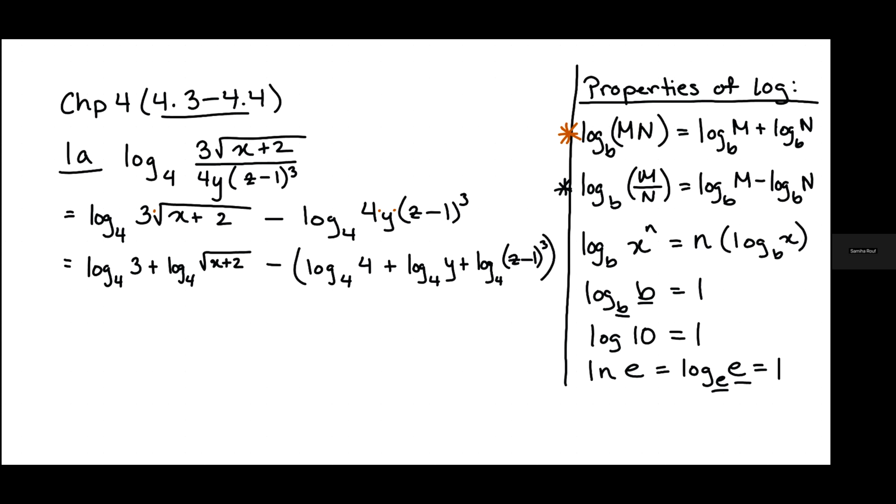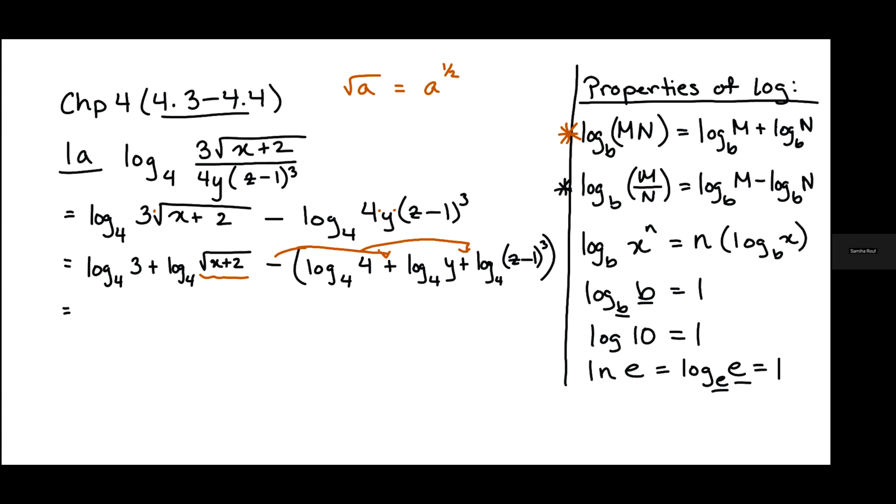Okay. Now we're going to do a couple of things. Notice here, this part is a square root. Now, just a reminder, if you have square root of something, that's the same as that to the power of half. So I'm going to go ahead and change this to x plus 2 to the power of half. And then I'm also going to, this is the reason why I said to put this in parentheses, distribute this negative sign.